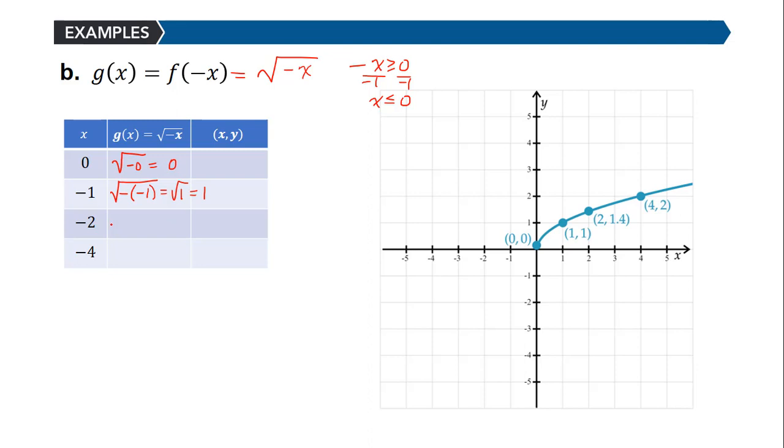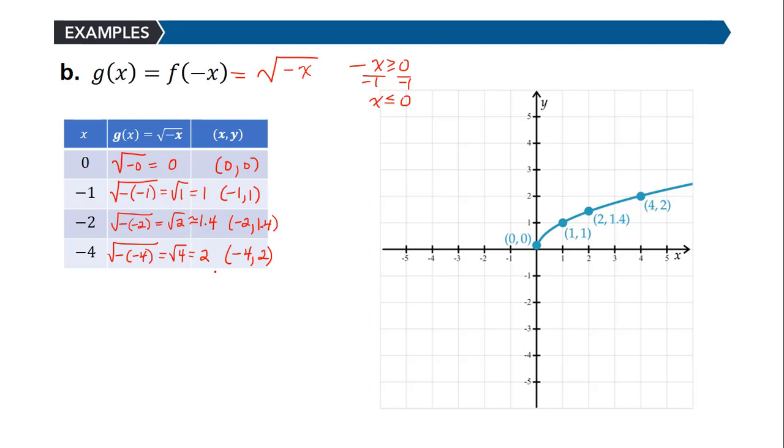When we plug in negative 2, we get the square root of the opposite of negative 2, which is the square root of 2 or approximately 1.4. And then when we plug in negative 4, we get the square root of the opposite of negative 4 or the square root of 4, which is 2. So we have the ordered pairs 0, 0, negative 1, 1, negative 2, 1.4, and negative 4, 2.